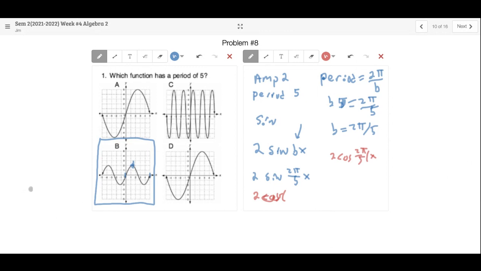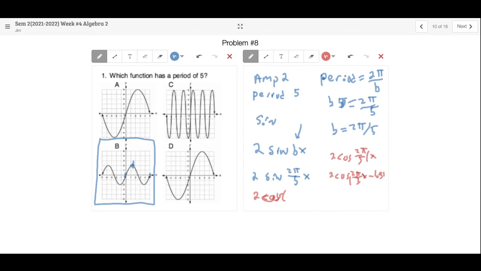So I would have to write it this way: 2 cosine 2 pi over 5 x. I'm moving it to the right, so it would be subtraction, right? Subtract 1.5 or whatever that is. I don't know what that is. It's not a really nice graph, but I could have asked you to write it as a cosine graph.